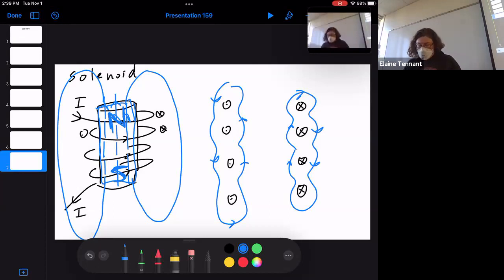Where on the inside, the field goes from south to north, and on the outside, the field goes from north to south. And maybe you looked at this in lab last week. Maybe you remember wrapping an electromagnet and then saying, hey, there's a north side to this electromagnet and a south side to this electromagnet, just like you would a bar magnet.